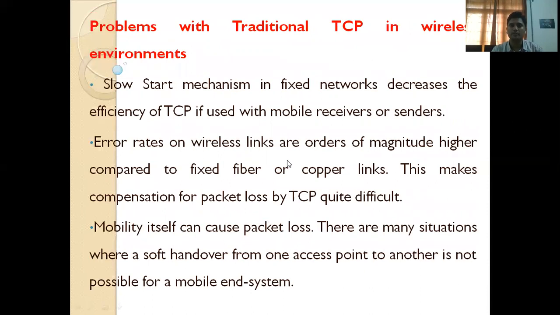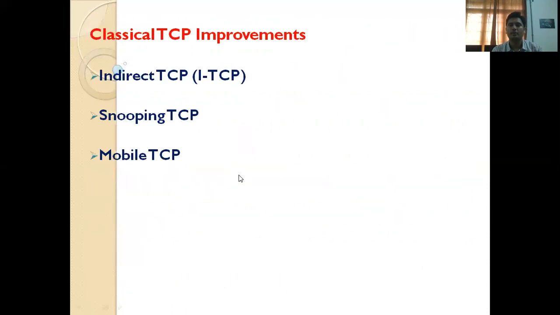Some of the problems with traditional TCP in the wireless environment, and how we avoid these problems, and how the improvements are done in classical TCP, that we will discuss in the next lecture.